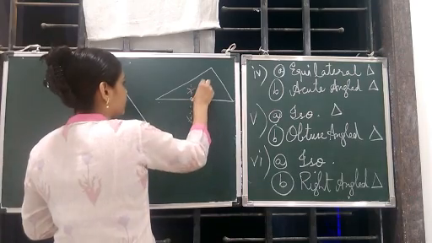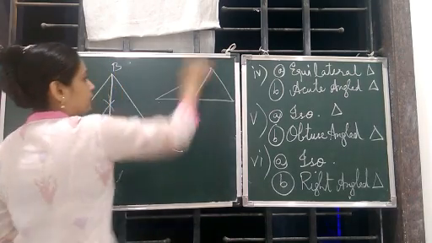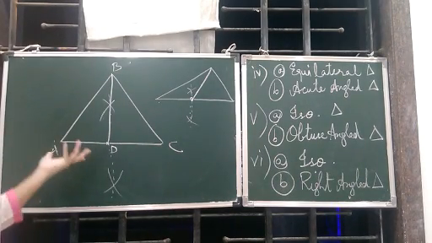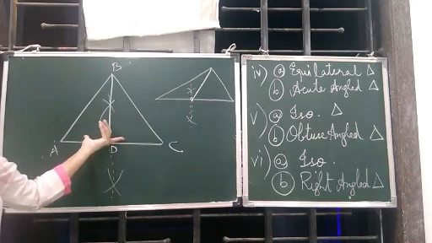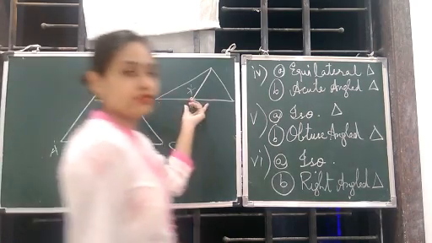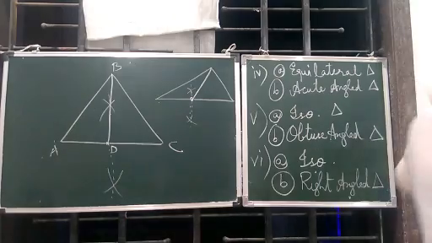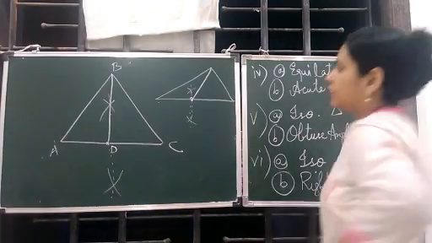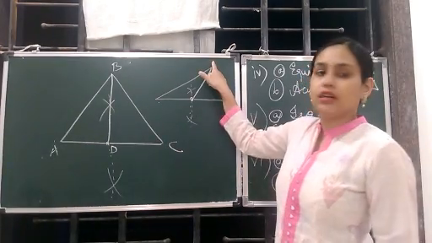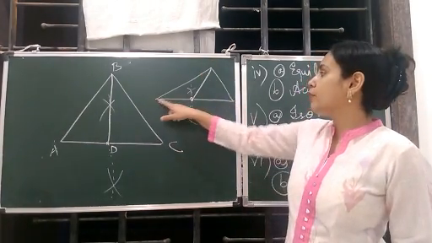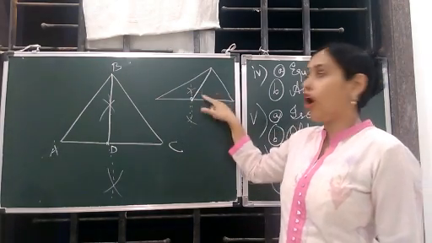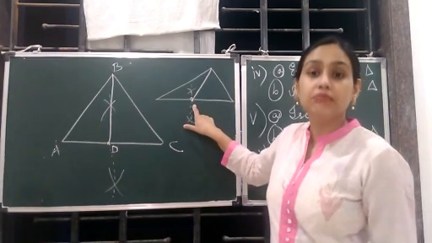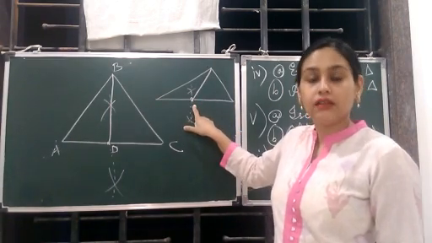So now when you join, this is dividing the triangle into two equal parts from the middle of the triangle. Okay, so this line, the line segment which joins the vertex and the midpoint of the side opposite to the vertex, that line is known as the median.